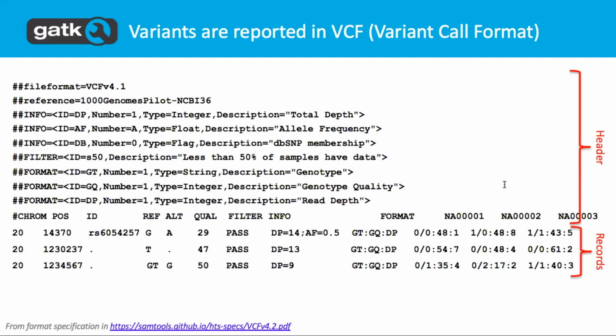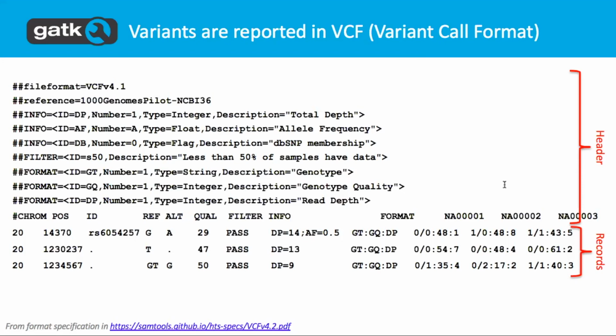Each line of the VCF past the header indicates one single variant with position, the reference allele, the alternate allele, quality, and whether it was filtered or not.